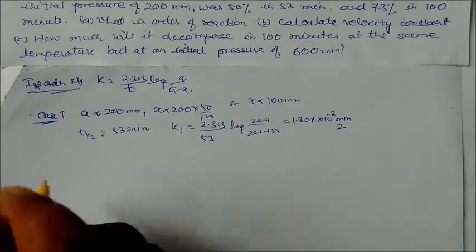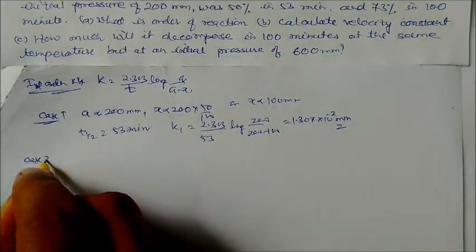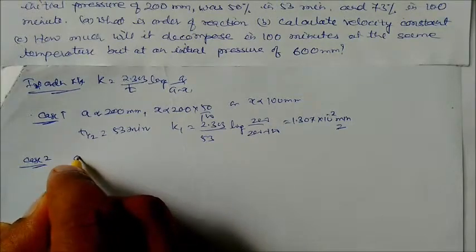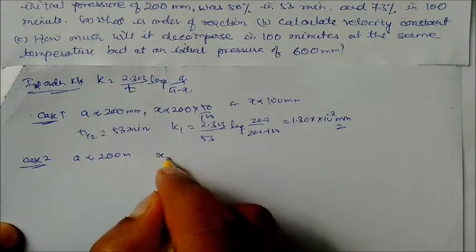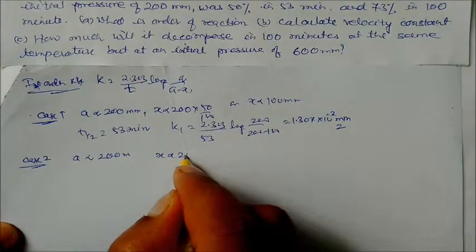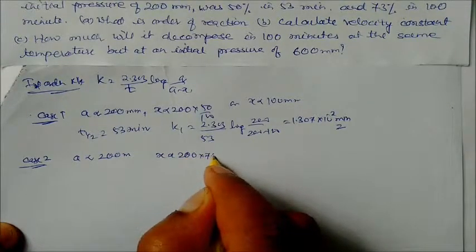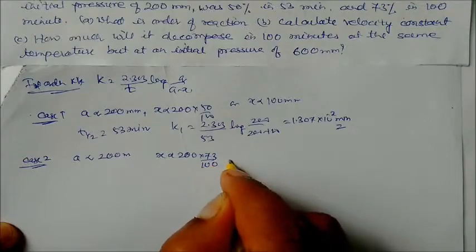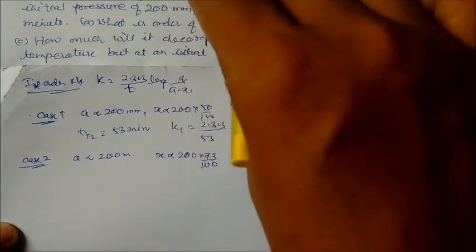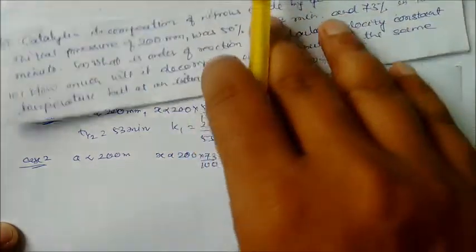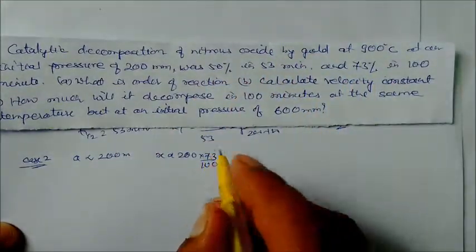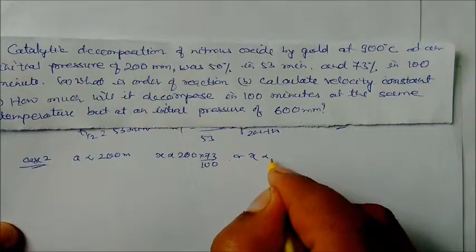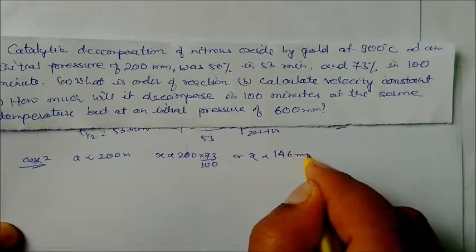Now we will do the second case. So case 2: here A is again given as 200 millimeter, but X is proportional to 200 into 73 by 100. Because 73% is given, we can write X is proportional to 146 millimeter.